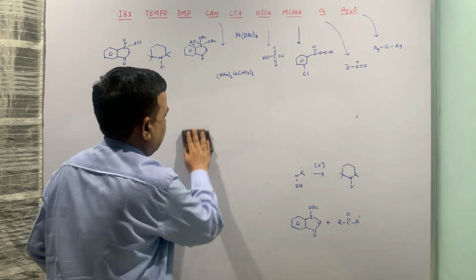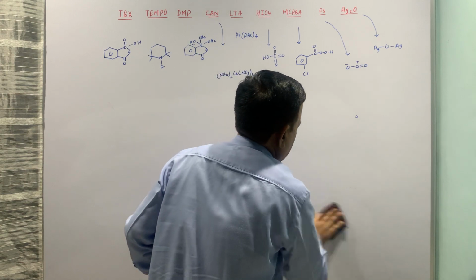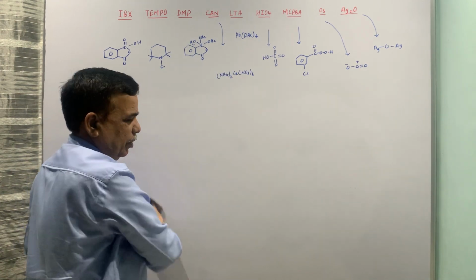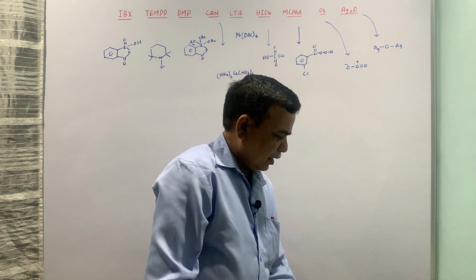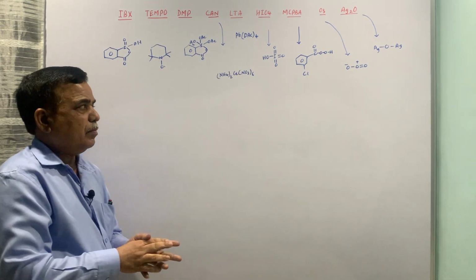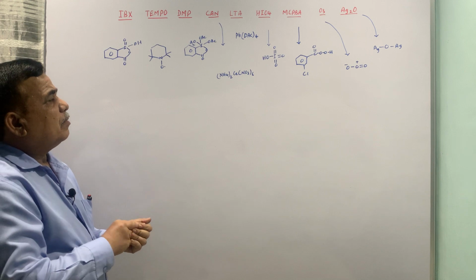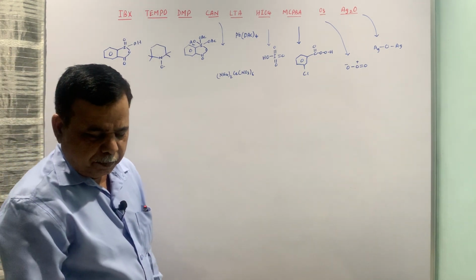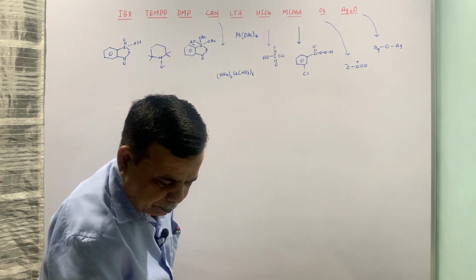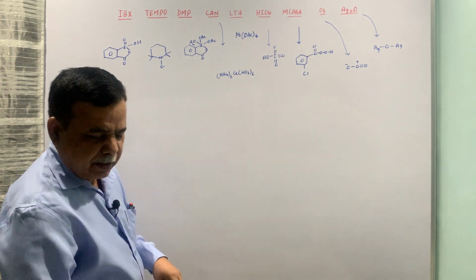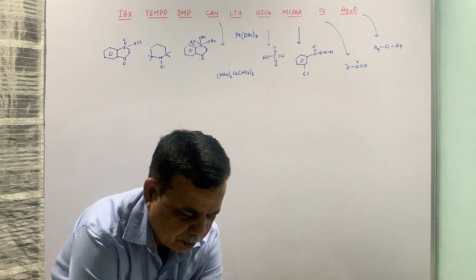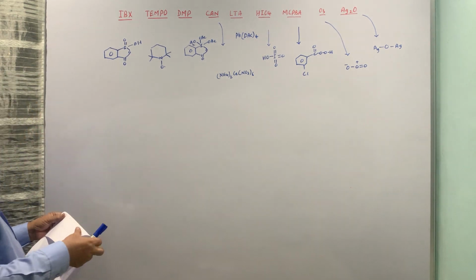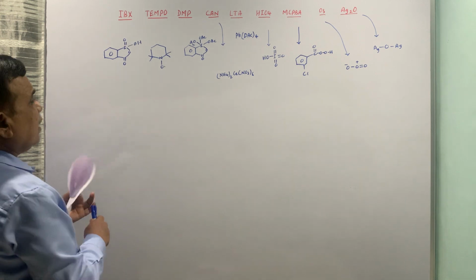Now the next reagent is ceric ammonium nitrate. Now ceric ammonium nitrate has 2 applications. One is that this itself is used as a nitrating agent, and this is also used as an oxidizing reagent. The mechanism is a single electron oxidation mechanism, so I'll just write and then I'll explain.